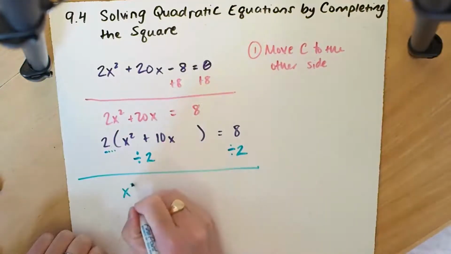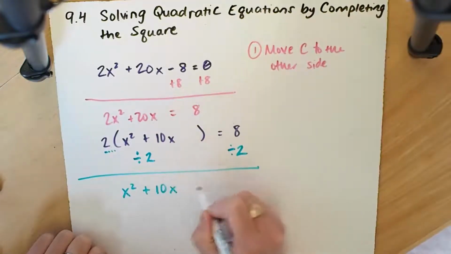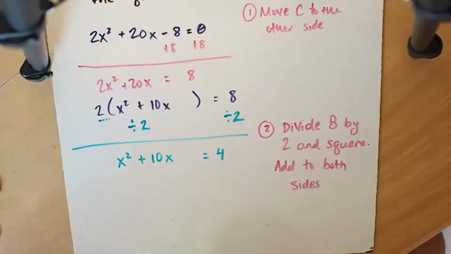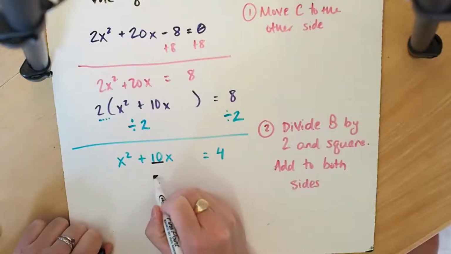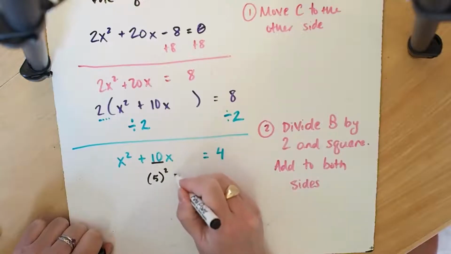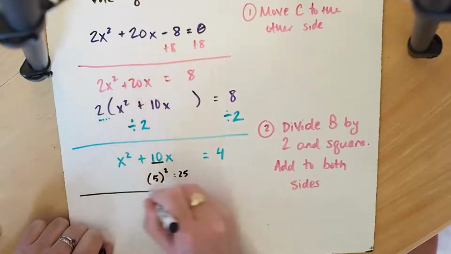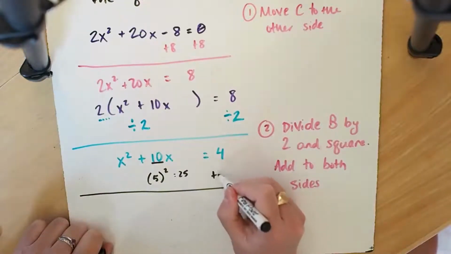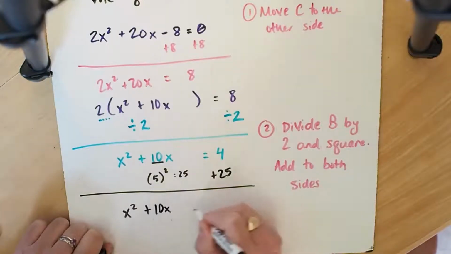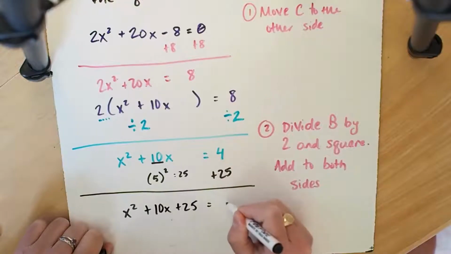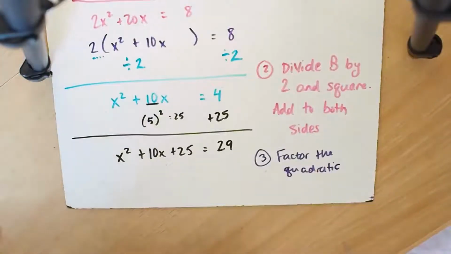We then get x squared plus 10x equals 4. Our next step is to divide b, this number here, by 2 and square it. Then we add it to both sides. So 10 divided by 2 is 5, and 5 squared is 25. We add 25 to both sides, and we get x squared plus 10x plus 25 equals 29.